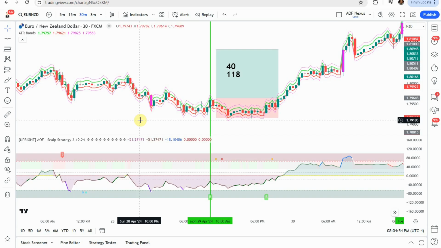And recently I have developed a more rigid set of rules to use the Academy of Forex indicator that will ultimately make it far easier for new traders, or even traders who have been doing this for a while, to use the indicator and be profitable with it.